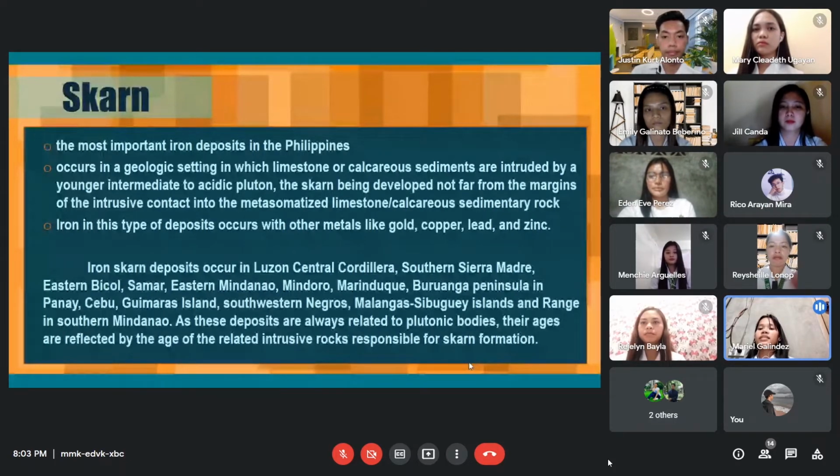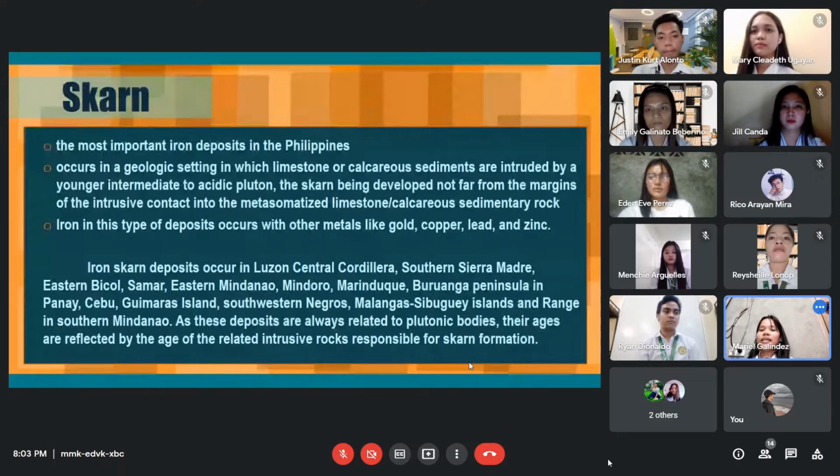Skarn is a coarse-grained metamorphic rock that forms by metasomatism. So it is also called tactites. And then iron in this type of deposit occurs with other metals like gold, copper, lead, and zinc.